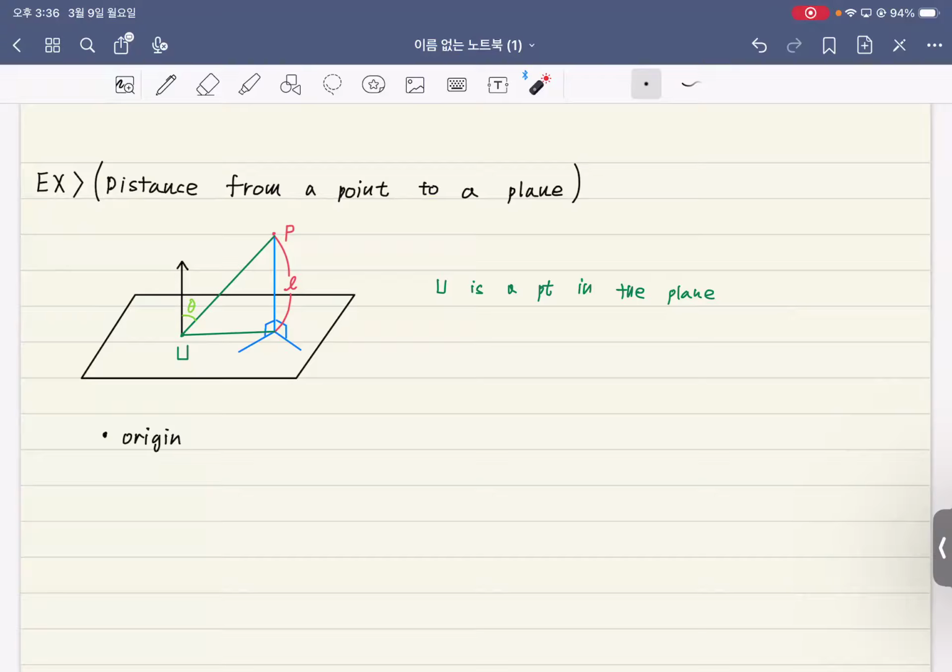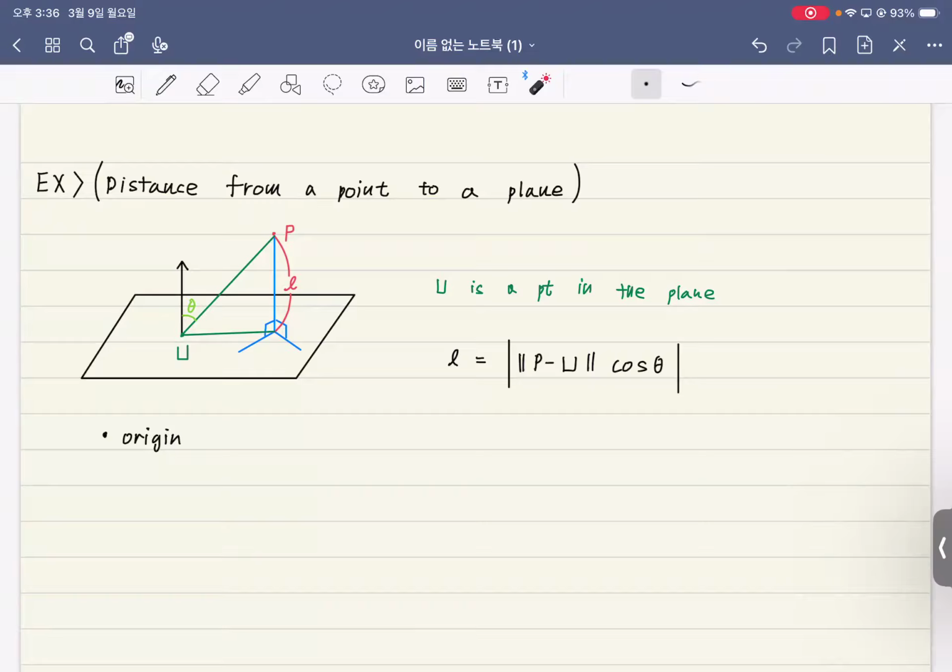Then the length L should be the length of P minus U times cosine theta, in absolute value. Why?